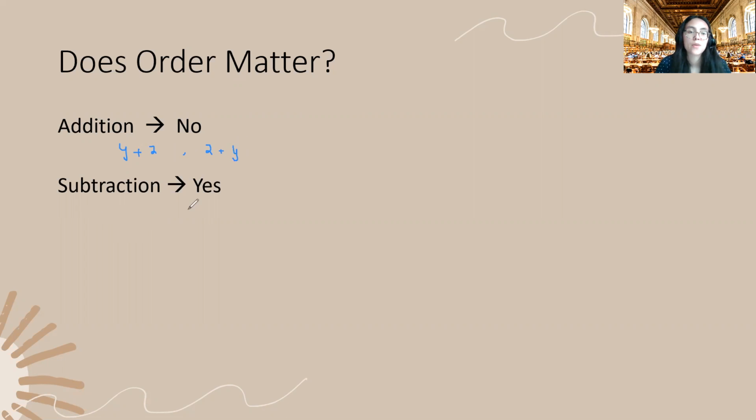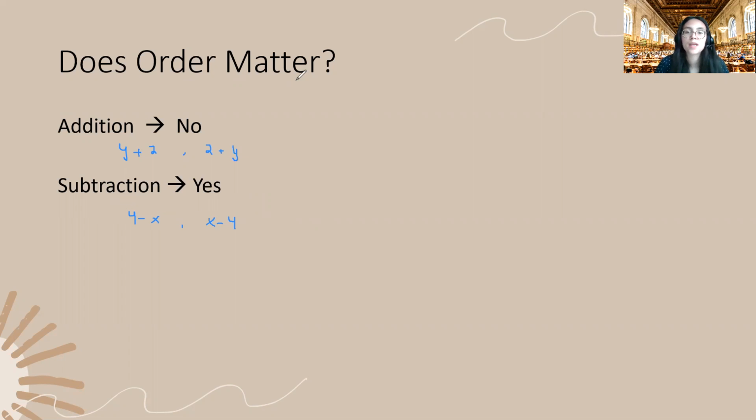Okay? Whereas for subtraction, 4 minus x is not equal to something like x minus 4. These are two very different things. And I would actually encourage you to have some examples of your own, maybe plug in some numbers for x.